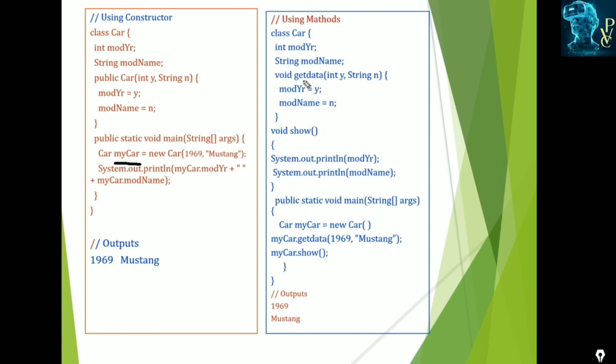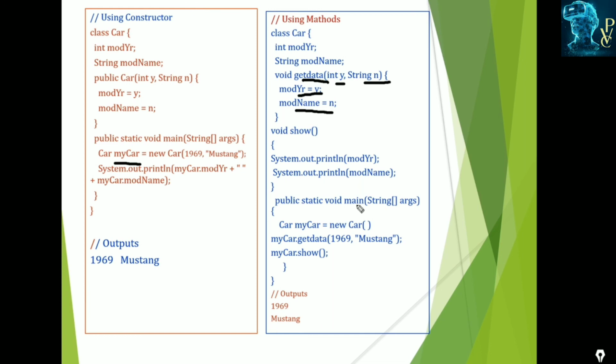Here I am using the getData method which accepts two parameters, one integer and another string. The integer value is assigned to the model year and the string is assigned to the name. The integer value passed becomes the model year and the string value passed is the model name. And the show method is used to display the model year and model name.